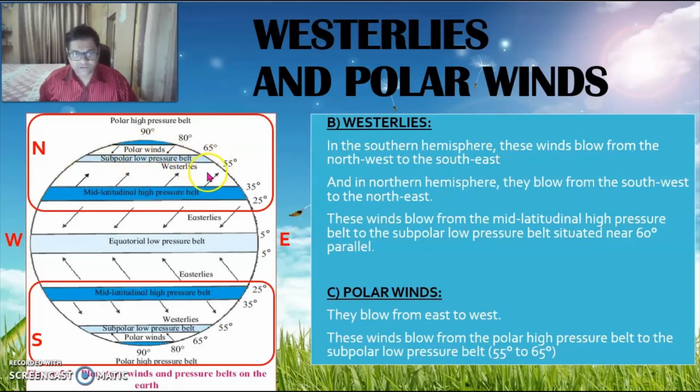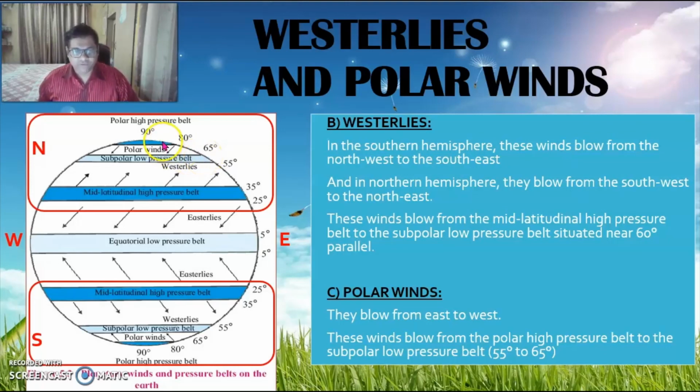These winds blow from the mid-latitudinal high pressure belt to the subpolar low pressure belt, near the 60 degrees parallel.